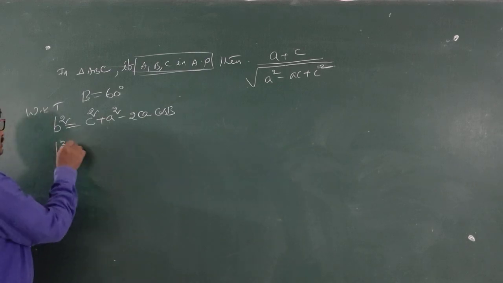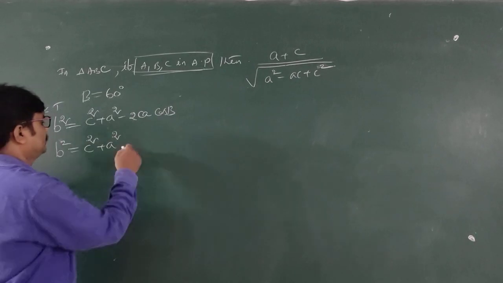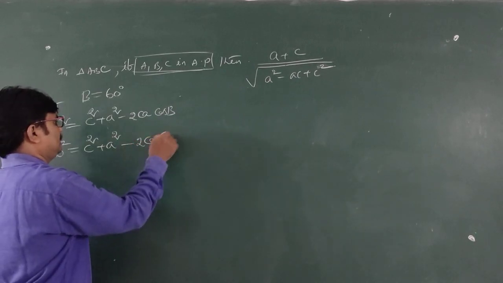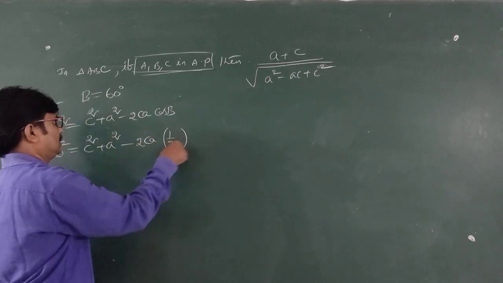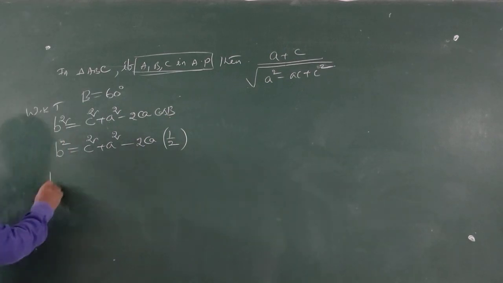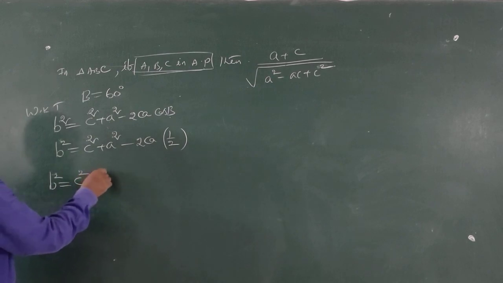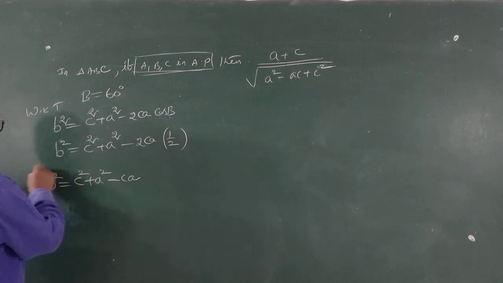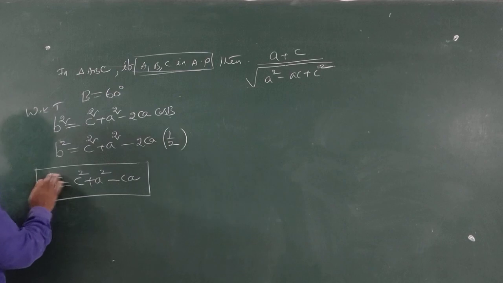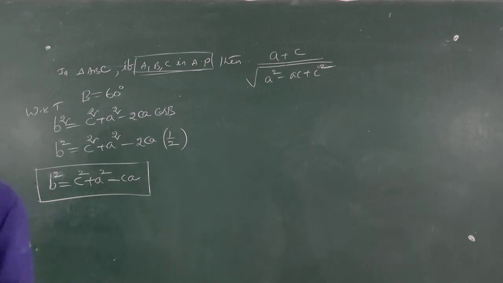So b square equals c square plus a square minus 2ca cos 60 degrees, which is 1 by 2. Now students, b square equals c square plus a square minus ca.